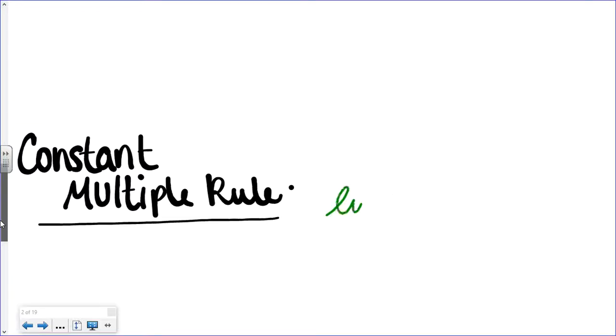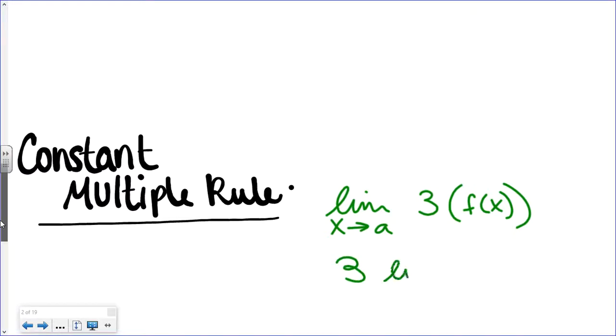Like this. The limit as x approaches a. This is the same as just taking 3 times the limit. Constant multiple is when you multiply by something out front. It's kind of like a coefficient. Instead of doing the multiple in the limit, you can just pull it out front and multiply it at the end. So that's the constant multiple.